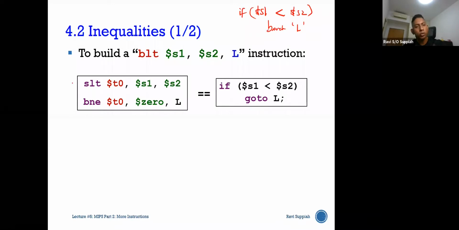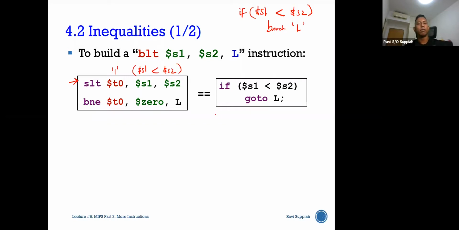In this first instruction, SLT T0 S1 S2. So what is SLT again? SLT will set T0 if S1 is less than S2. If this is true, then T0 will become 1, correct?